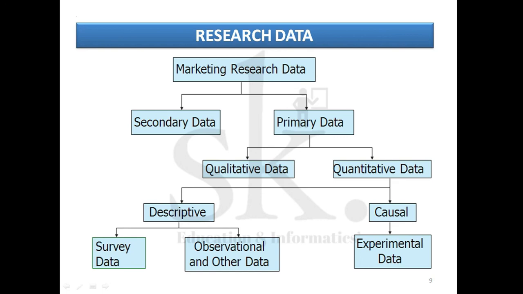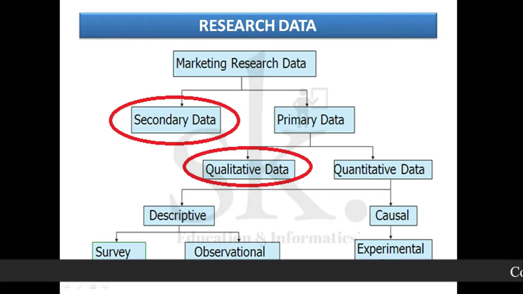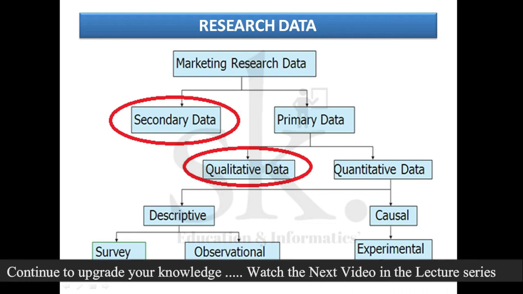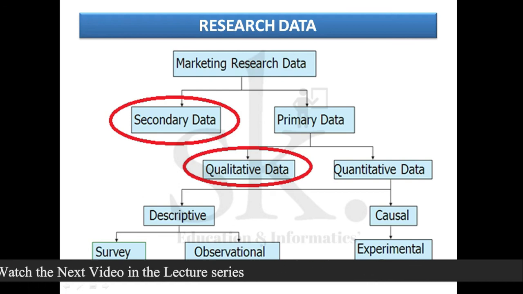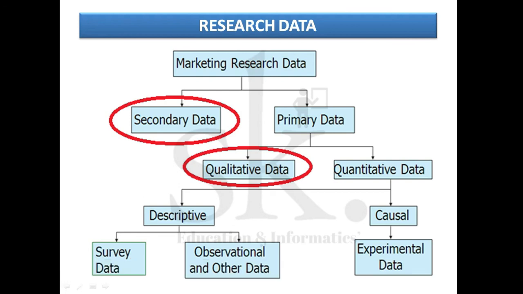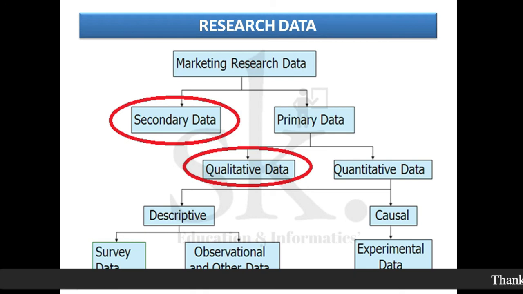Exploratory research will be the other two parts, which are secondary data and qualitative data. So I hope you have understood what research design is, the process of research design, and the classification and components of exploratory, descriptive and causal research.